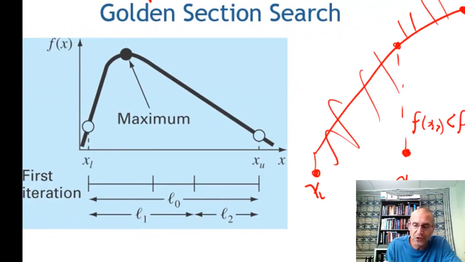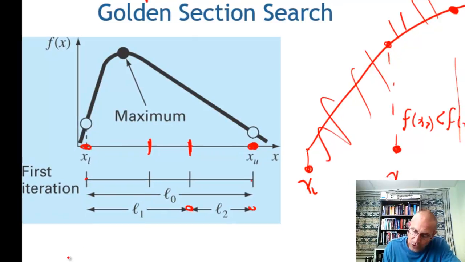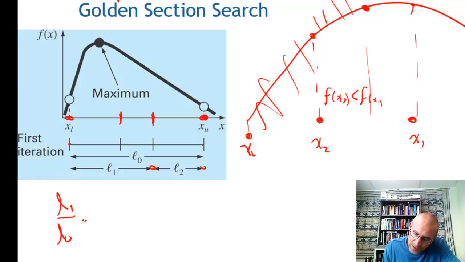And so what I could do is use what's called the golden section search, where I have my lower bound on the left and my upper bound on the right. This is a figure from the textbook. And then the 2 points that I'm going to pick right over there are actually going to have this relationship: if I call the distance between lower and upper L naught, and then I call the distance between the lower and this farther point L1 and what remains L2, then L1 over L0 is going to equal L2 over L1, right?